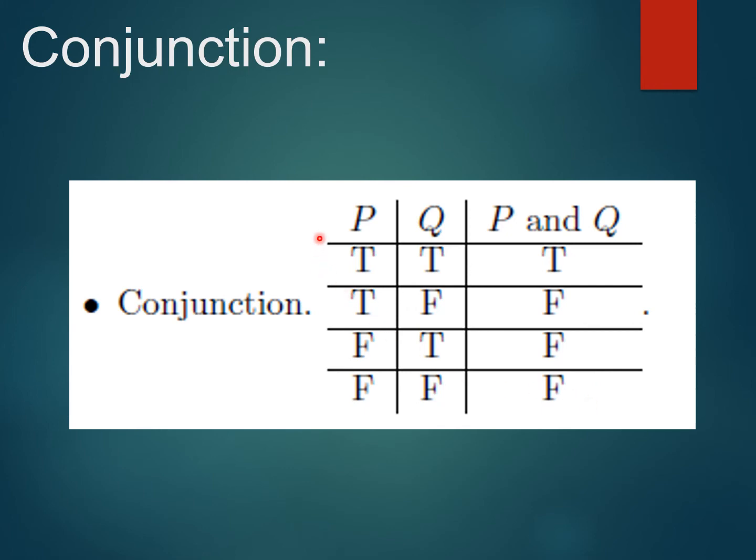Coming toward the construction of this truth table, there are a few columns and rows. Each column must be allocated to a proposition. Like we have two propositions P and Q, so we allocate two columns to the propositions.